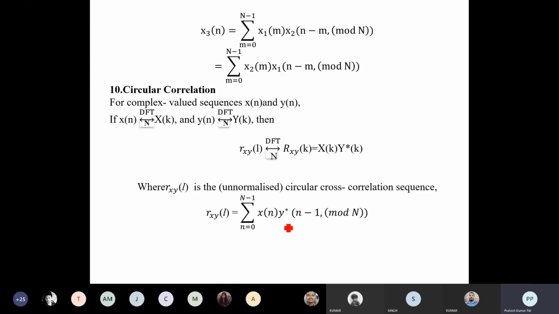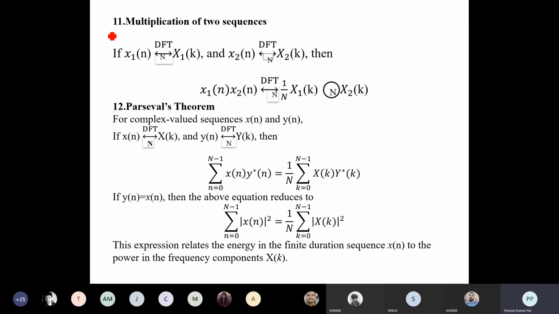Circular correlation, no need to find out. Okay, so we will go with the multiplication of two sequences.